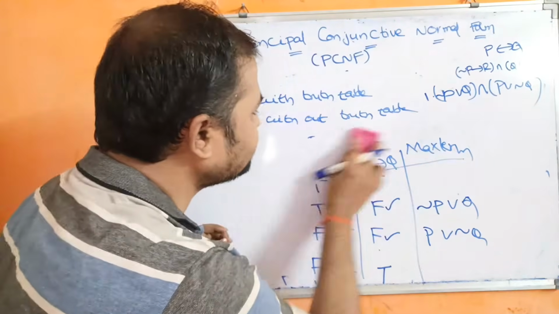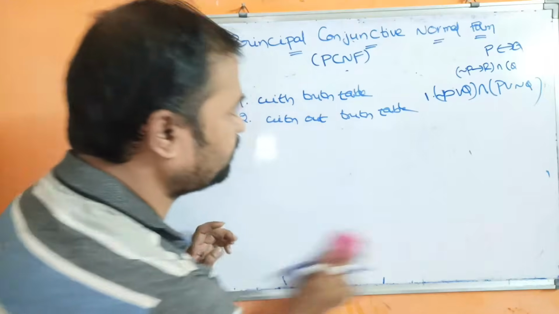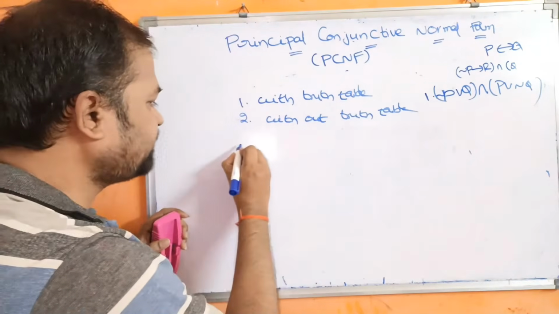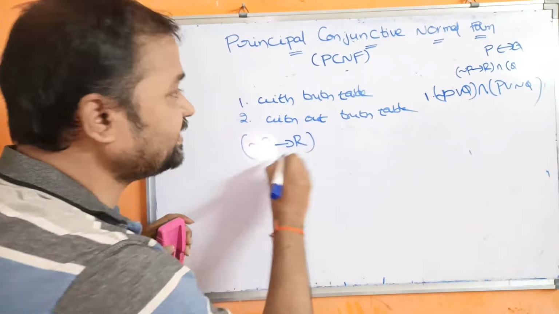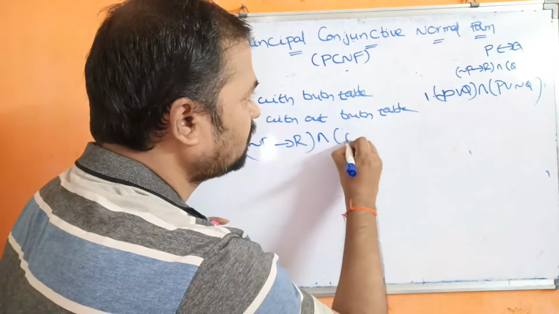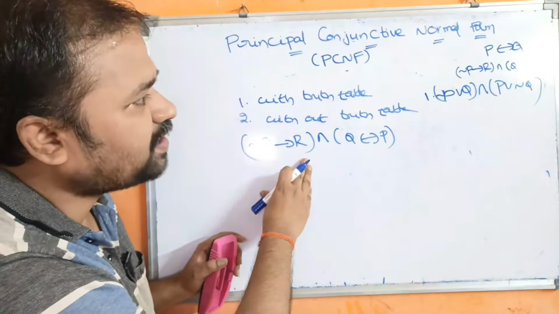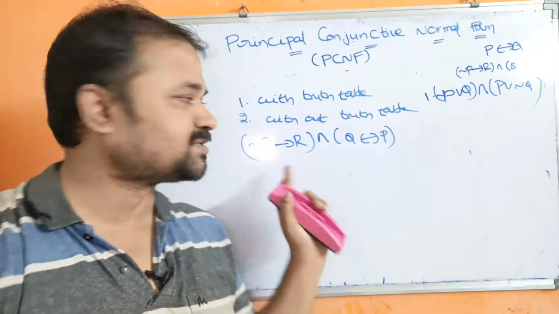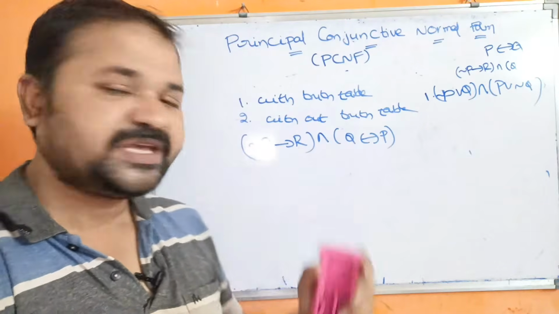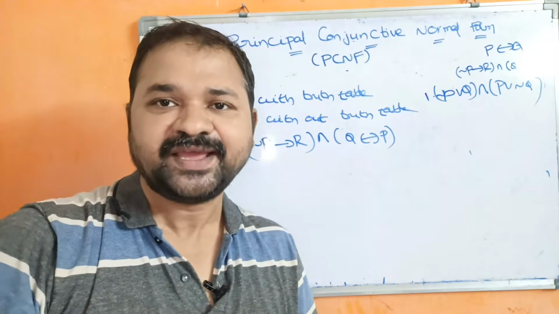Likewise, let us find out the solution for the second problem. The second problem is (negation P conditional R) and (Q biconditional P). Here we have three propositions P, Q, R. If there are three propositions, then the possible number of combinations is 2 power 3, 8 combinations.